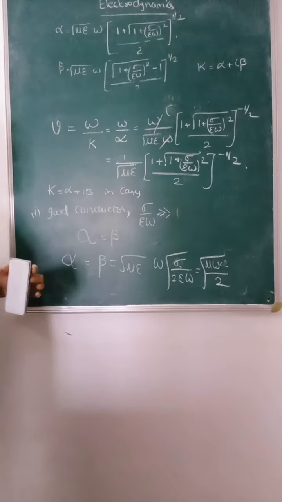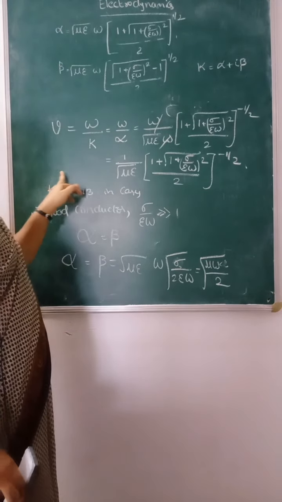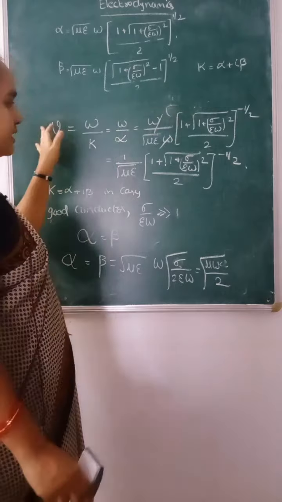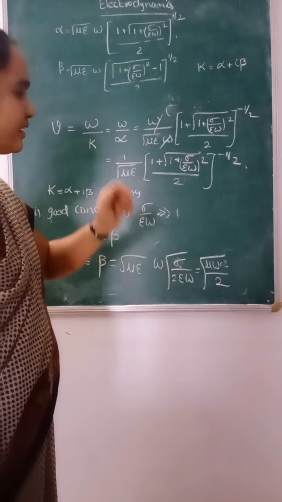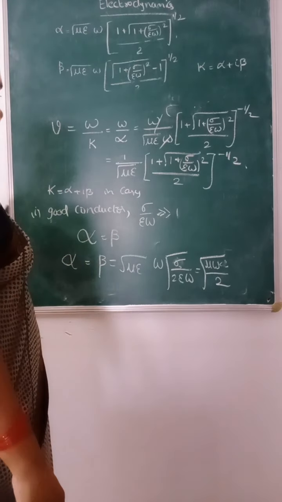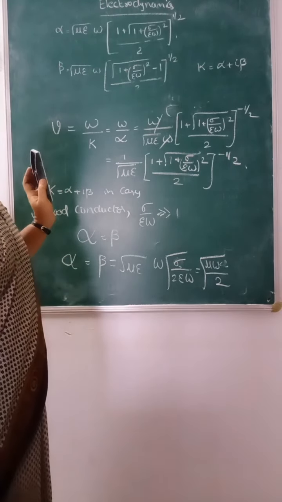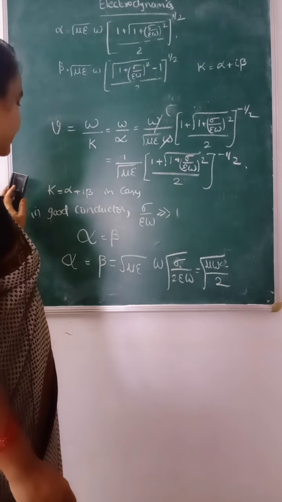So this is for information purposes only, but we should calculate the velocity in this conducting media, which is not equivalent to the speed of light, which is different from the speed of light, right? This is regarding the velocity of the plane electromagnetic wave in conducting media.